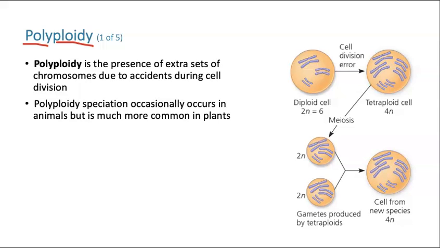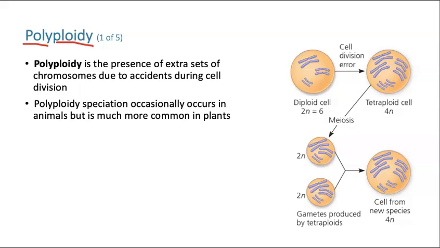Can happen during mitosis too, but you don't pass your genes on to a next generation in mitosis, so we're going to be focusing on meiosis. Polyploid speciation is actually very common in plants, but is much less common in animals. And you're going to find out why that's true in this section of the lecture, but let me just give you a heads up that basically plants have this ability to have both male gametes and female gametes, right?